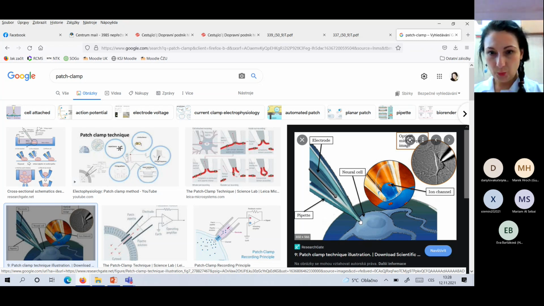We put the electrode on the surface of the plasma membrane, and we can monitor and quite precisely measure the changes of the potential, the currents which are going through or changing in the membrane. So not only the resting membrane potential, but also the action potential can be measured. All the changes of the plasma membrane potential can be detected by this system.